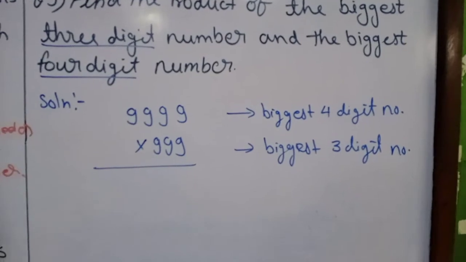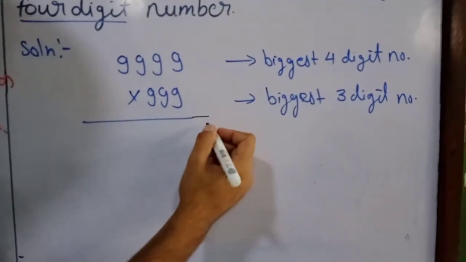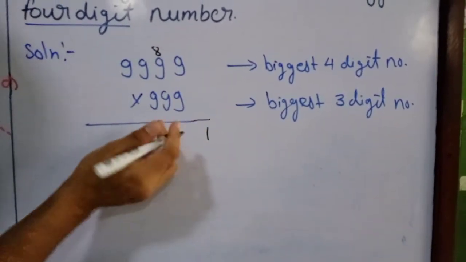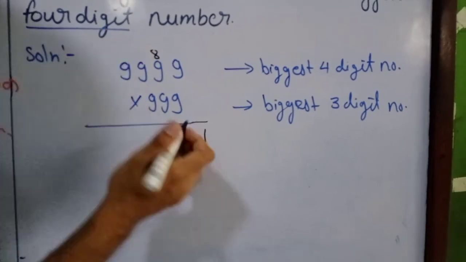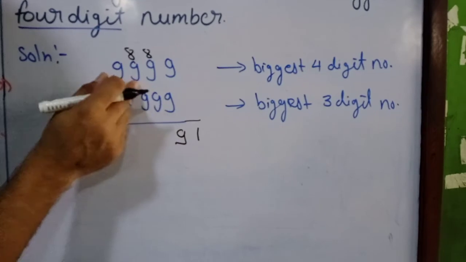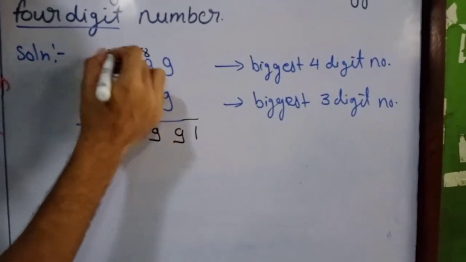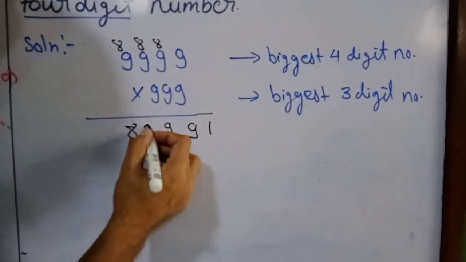Let's start the multiplication. 9 9s are 81, 1 here and 8 carry. 9 9s are 81 plus 8, 89, 9 here and again 8 carry. 9 9s are 81 plus 8, 89, 8 carry. 9 9s are 81 plus 8, that is 89.